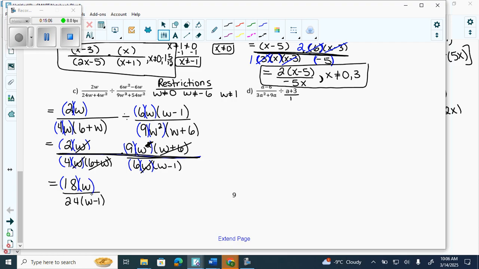These are monomials. Is there something I can take out of 18 and 24? A 6, right? So if I take a 6 out, I'm left with 3w over 4 w minus 1. W can't equal 0, negative 6, 1.